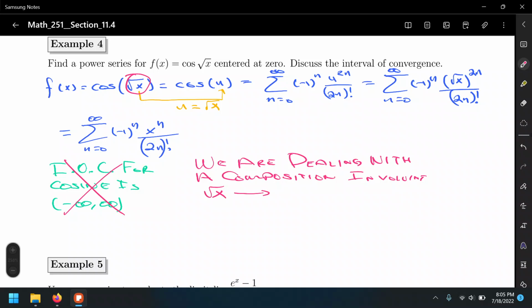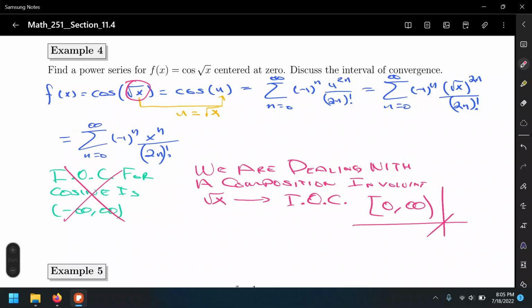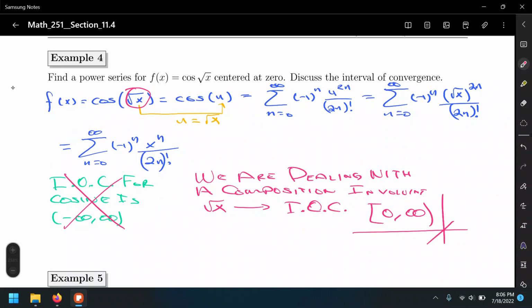Can we plug in negative numbers like this? No. So the interval of convergence will be from 0 to infinity. So be careful when you see something like this. In fact, that's one of the typical exam questions I like giving.